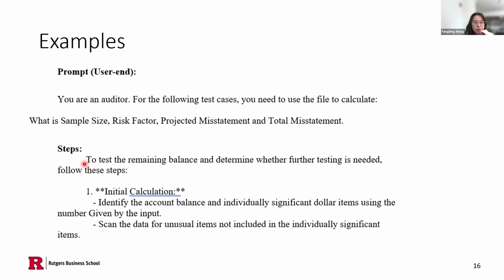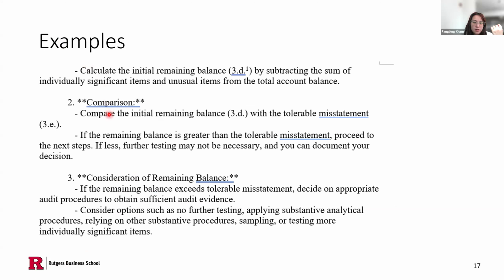The steps to finish the auditing task: the auditors first need to do the initial calculation, then do a comparison based on what condition it is. The auditors follow the different rules to do another calculation or summarization. The third step is consideration of the remaining balance.